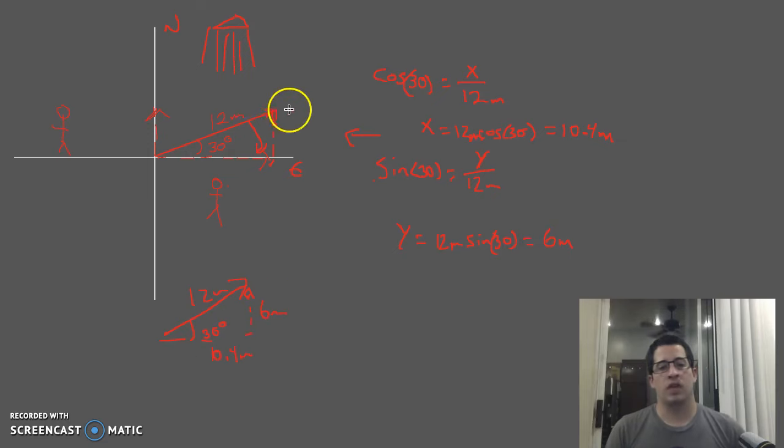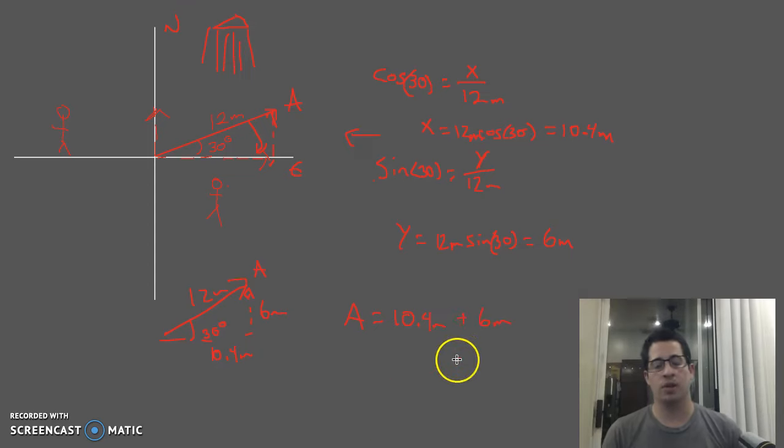And let's call this vector A. Well, if we're going to write vector A in what we're going to call unit vector notation, we would write these out: the x is 10.4 meters, and the y is 6 meters, okay?